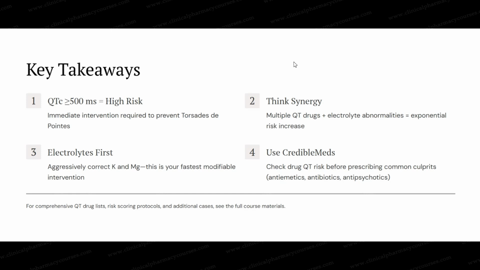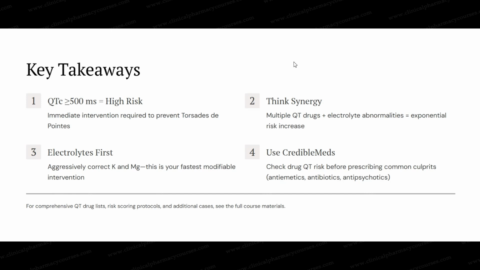So just a few key takeaways before we end today's presentation. A QTc of 500 milliseconds or more indicates high risk of Torsades de Pointes, a life-threatening arrhythmia. Immediate intervention is required to prevent this complication.